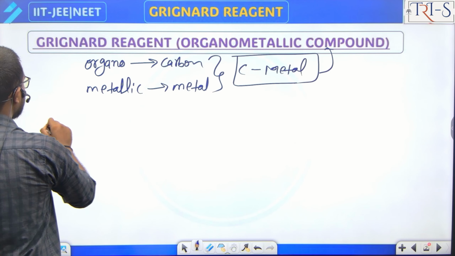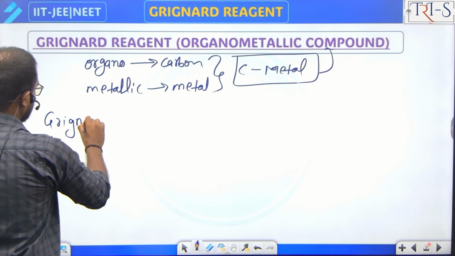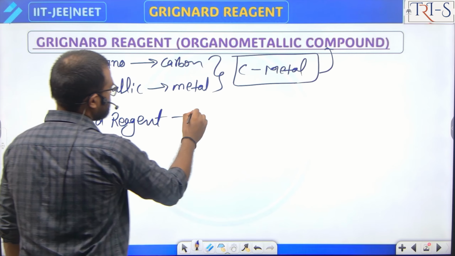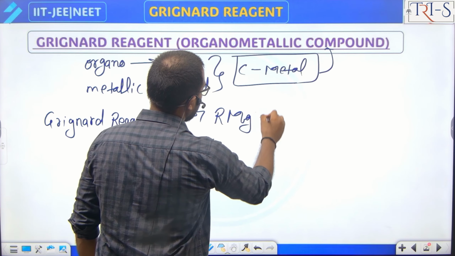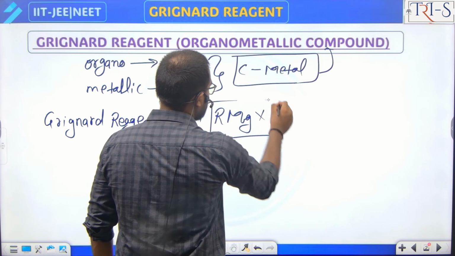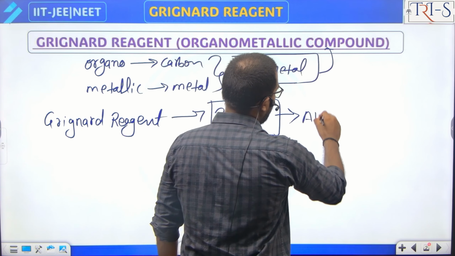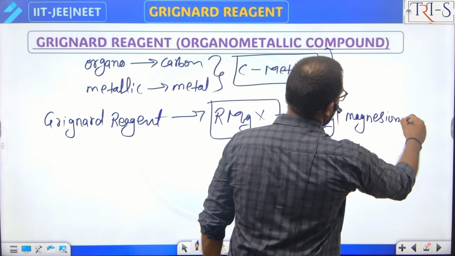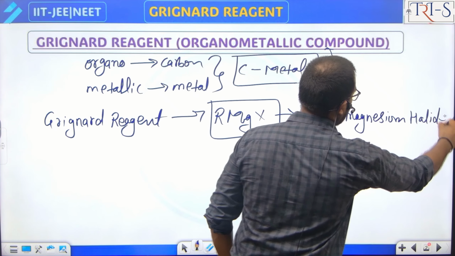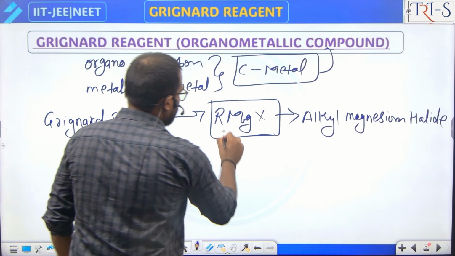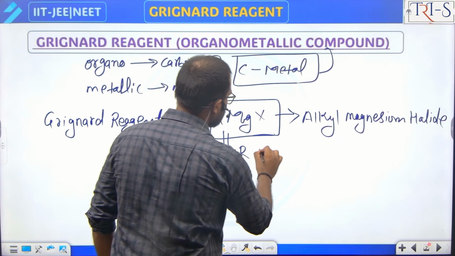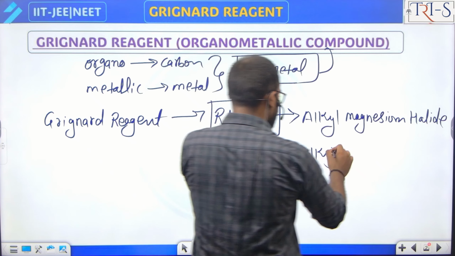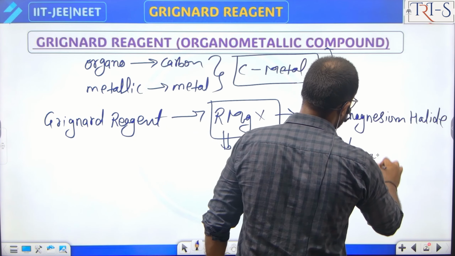This Grignard reagent is written as RMgX. It is also called alkyl magnesium halide, where R is any alkyl or aryl group.